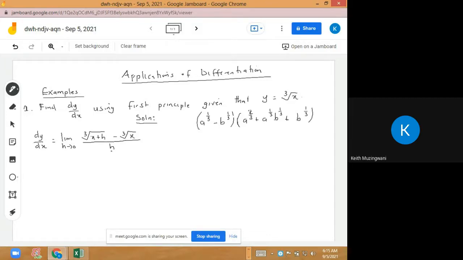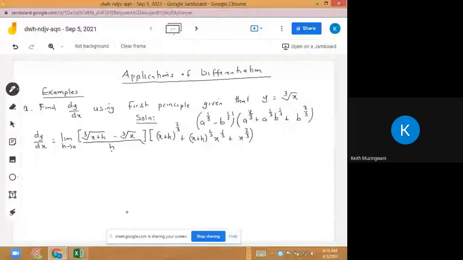So we are doing the same here. We'll come here and multiply this by x plus h to the power 2 over 3 plus x plus h cube root, and then x cube root as x, and this is supposed to be x to the power 2 over 3.